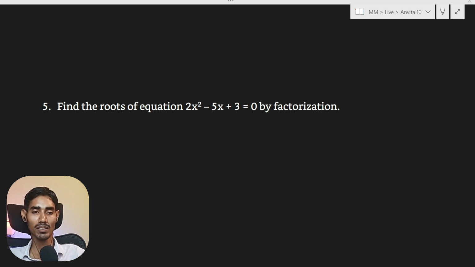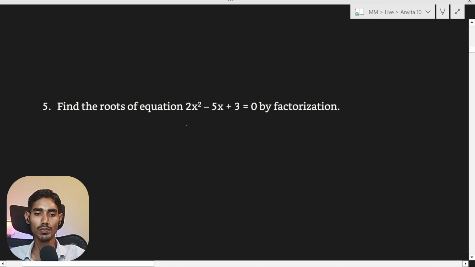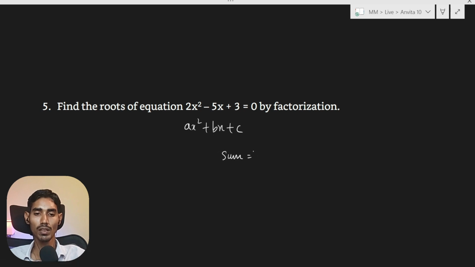Find the roots of the equation. The sum of those is equal to 0. Sir, shall I factorize in the way like I did, or is it some other way, because it is written is equal to 0?